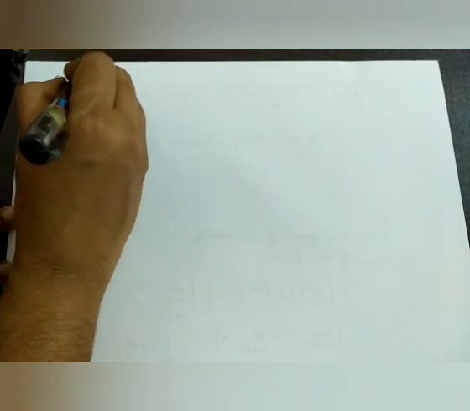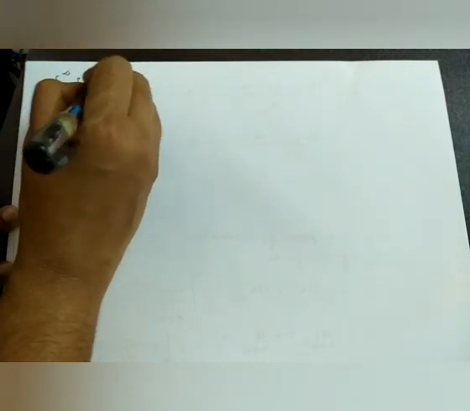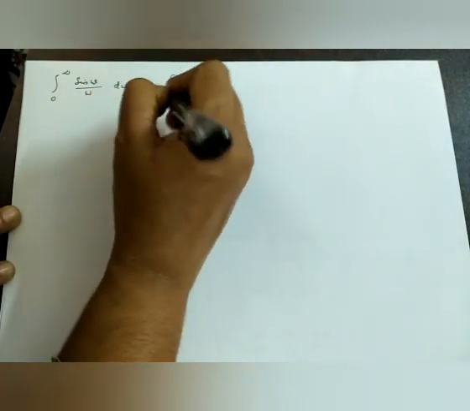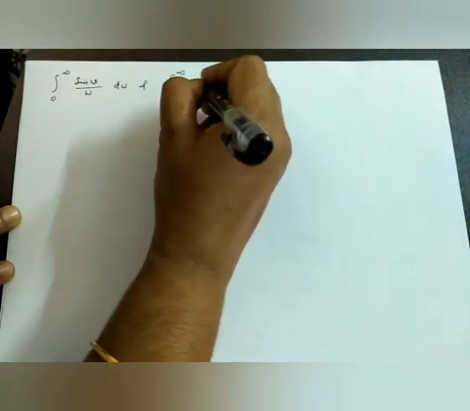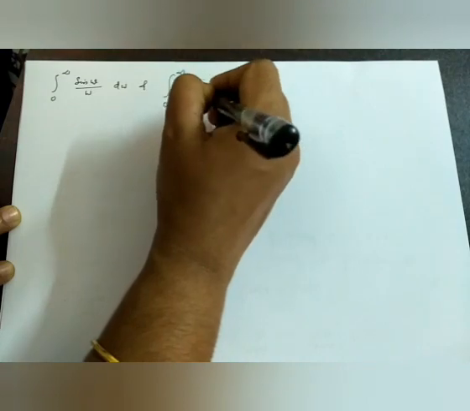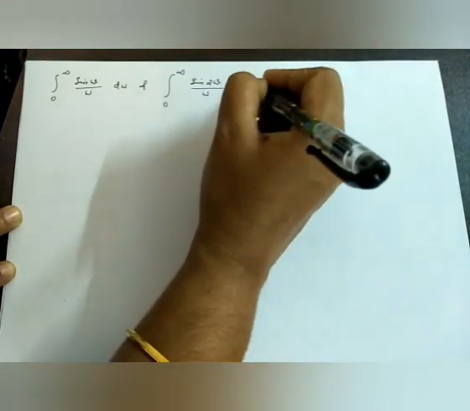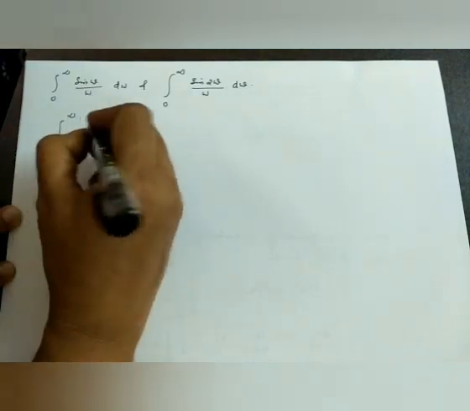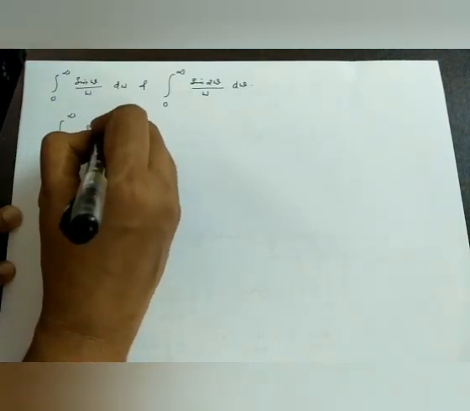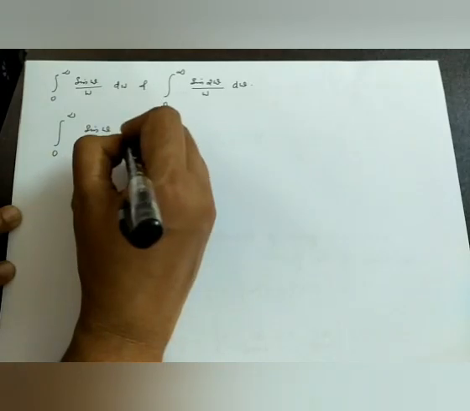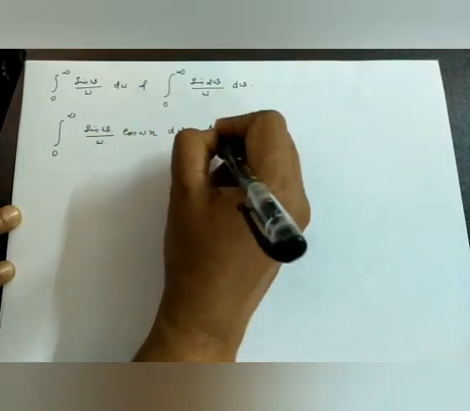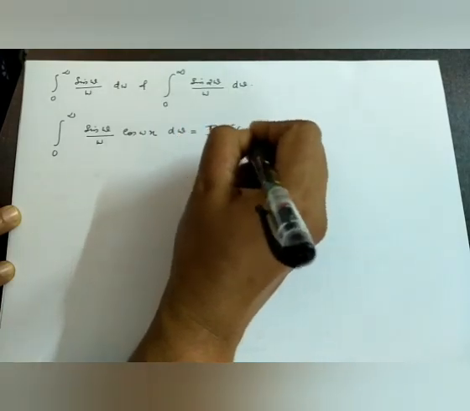Finally, we have to find out the integral from 0 to infinity of sin omega by omega d omega and the integral from 0 to infinity of sin 2 omega by omega d omega. For that, consider the integral from 0 to infinity of sin omega by omega cos omega x d omega, which is equal to pi by 2 into f of x.